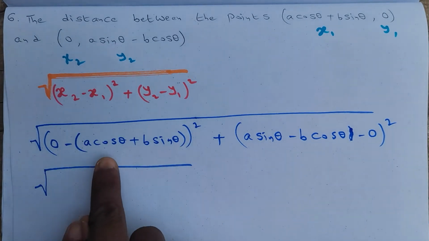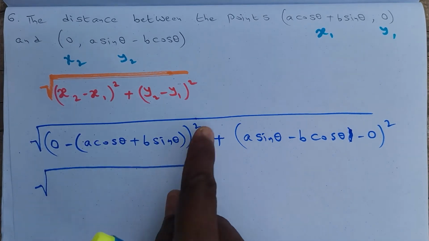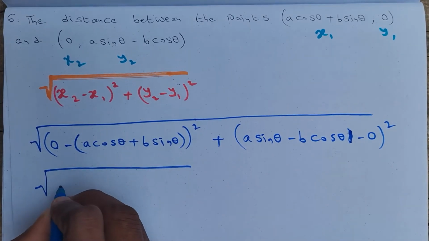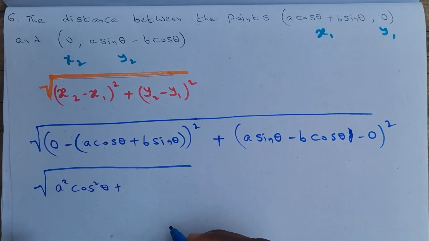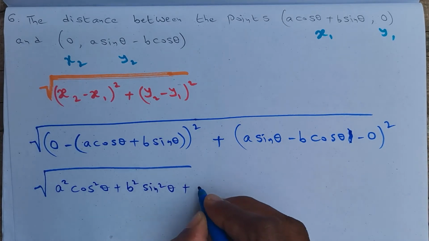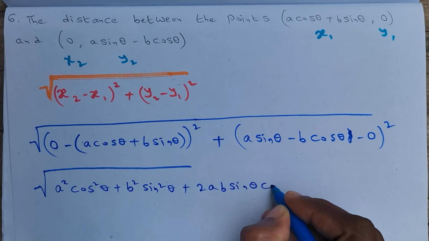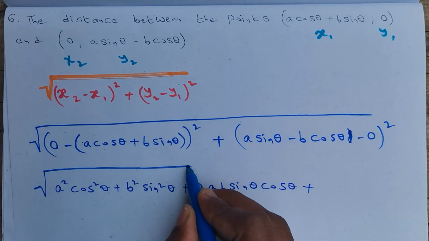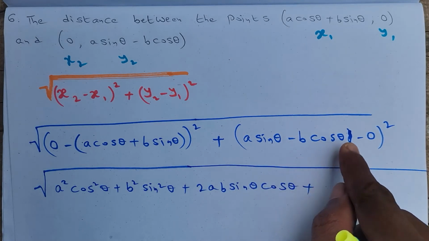So a cos theta plus b sin theta whole square, if we expand with a plus b whole square, then a square cos square theta plus b square sin square theta plus 2ab sin theta cos theta. Plus here we have again one more, a sin theta minus b cos theta minus 0.